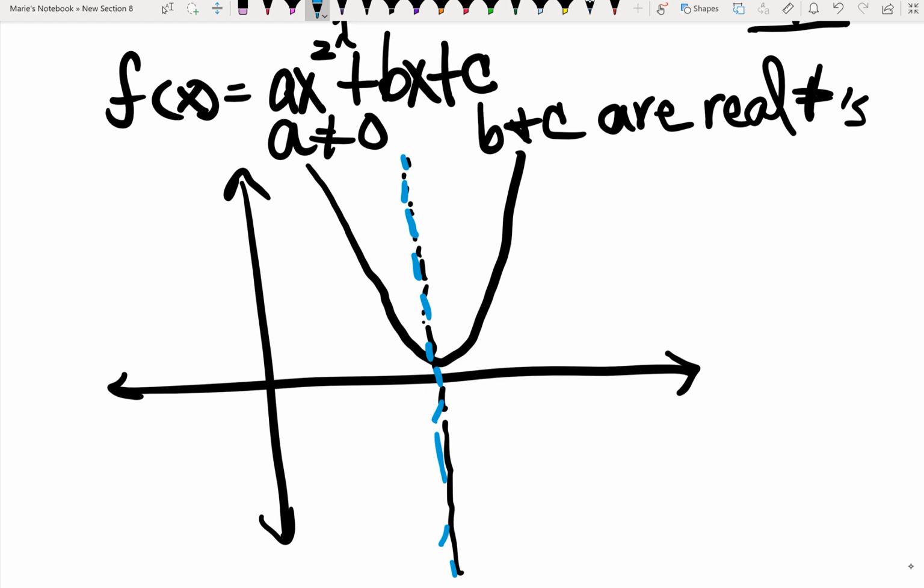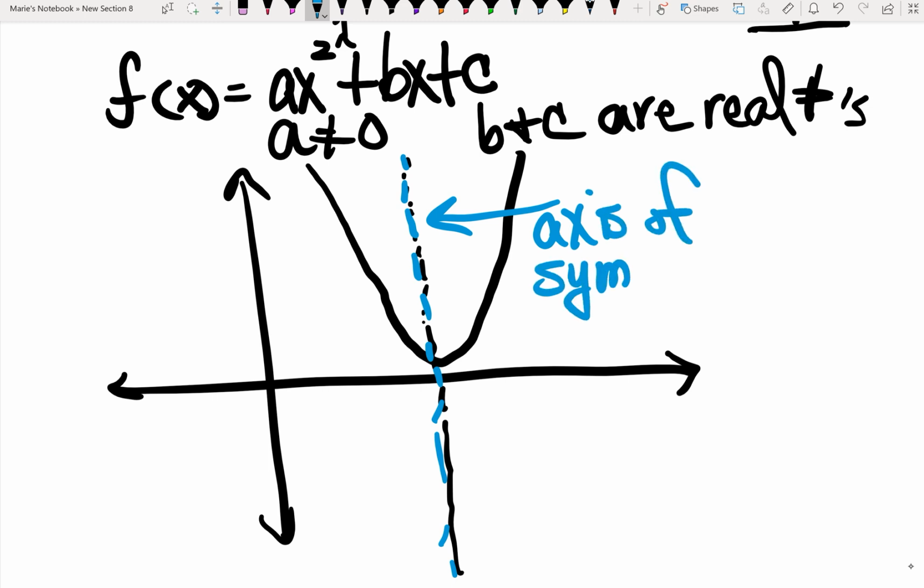Obviously this picture is not very nice, but this is referred to as the axis of symmetry. When we think of the axis of symmetry, I want you to remember the formula: negative b over 2a is equal to that x value, which we refer to as the axis of symmetry.